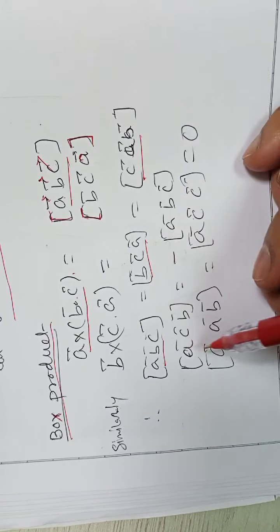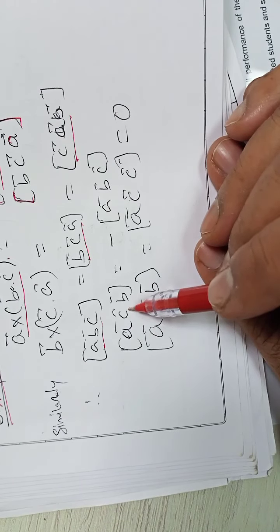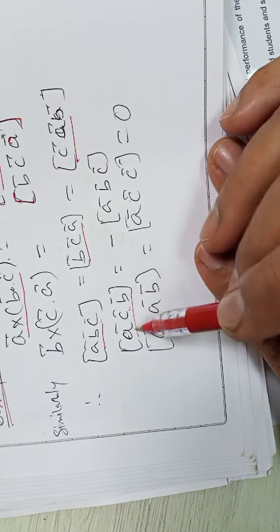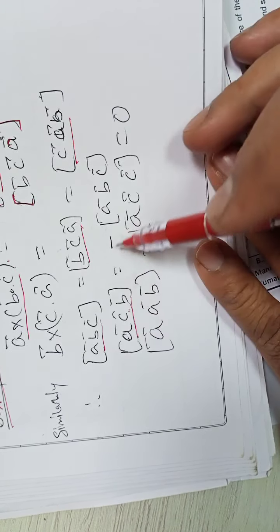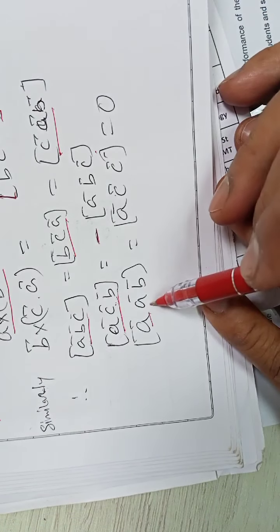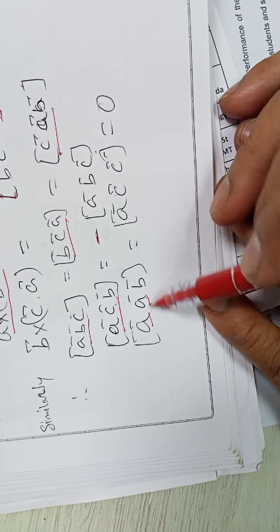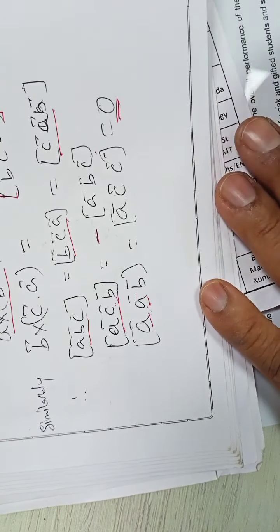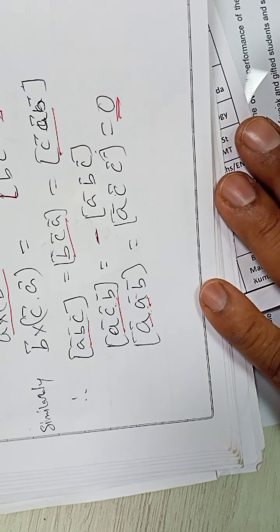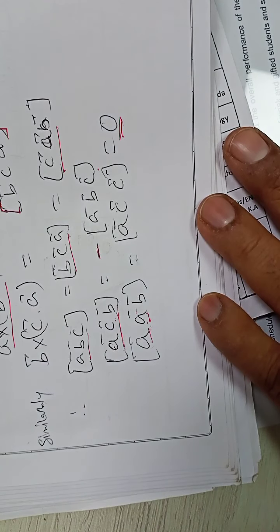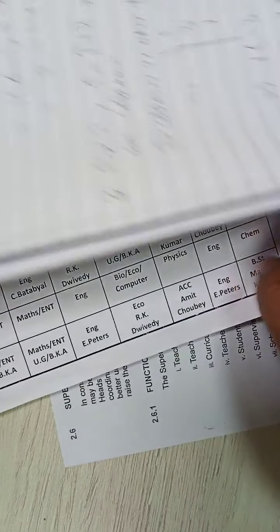But if you write ACB, then they are not equal. This is not in the order ABC, so to put it in order you have to give a minus sign. Further, if two vectors are the same in the box, that is theta is 0, then it becomes 0. I hope you understood.